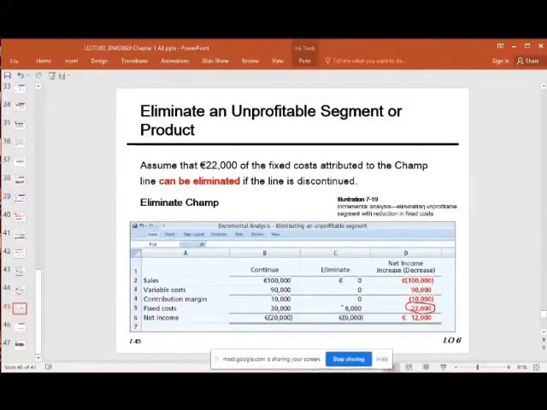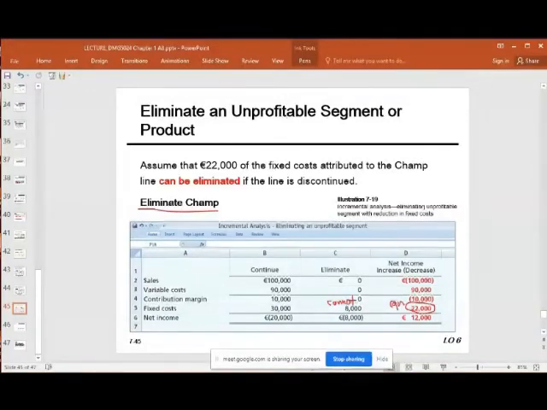So this one cannot be eliminated. Whatever cannot, you need to include it in. This one can be eliminated. Okay, so you have a 22,000 here. So do you see at the end of the day, suddenly it becomes positive 12,000. That's why your decision is to eliminate CHAM.